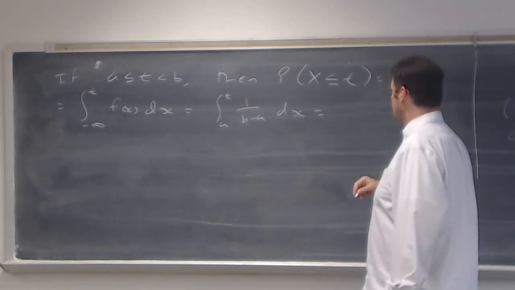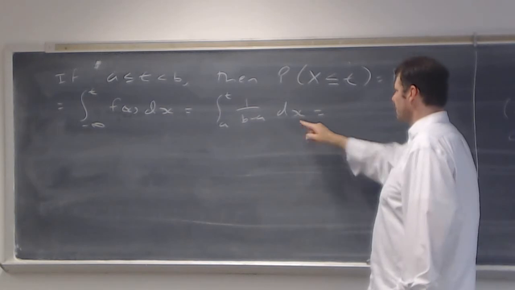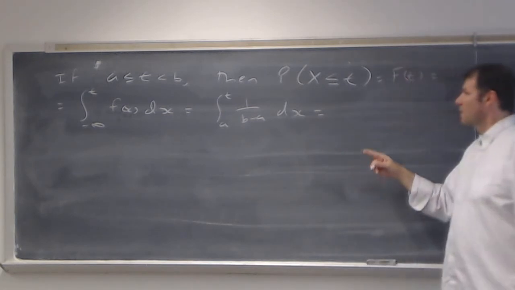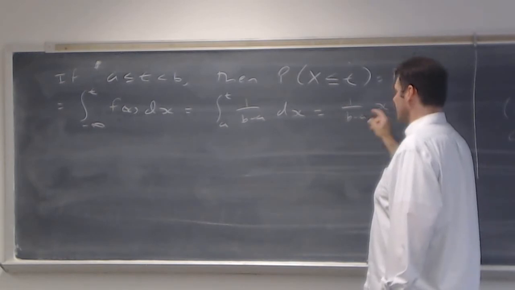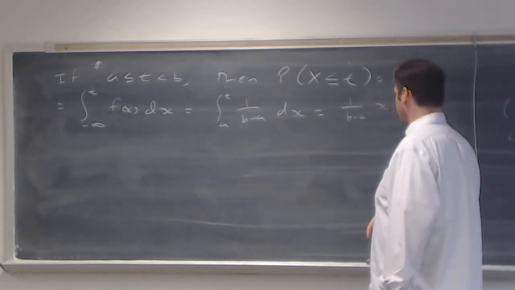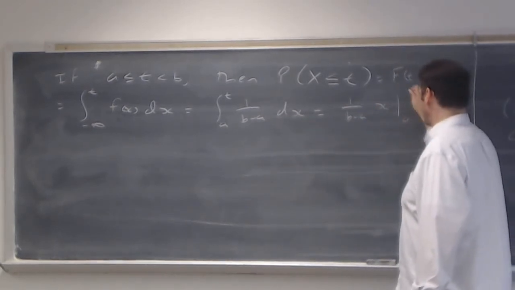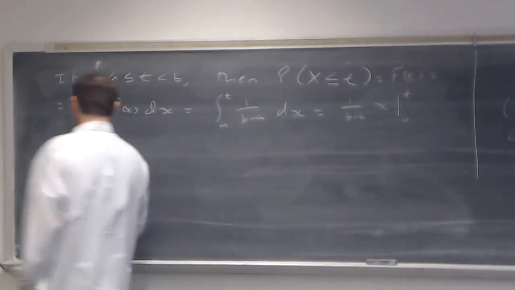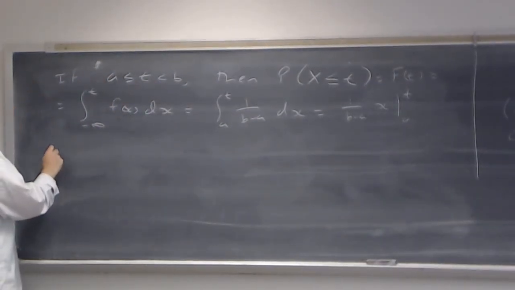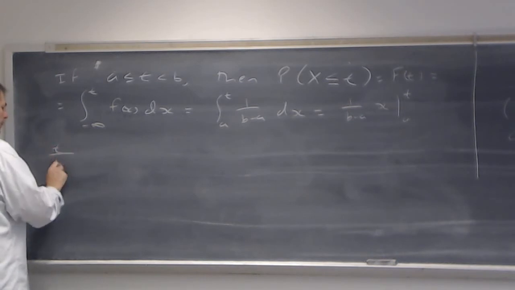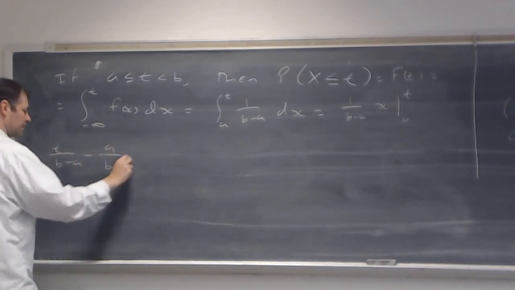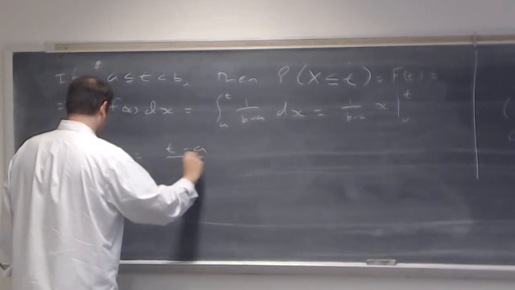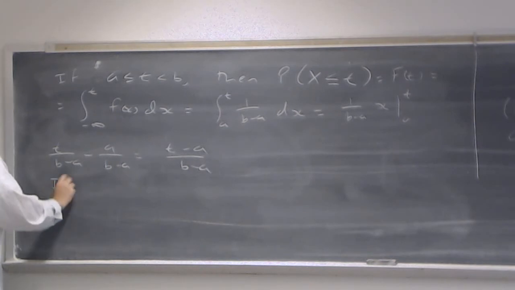So this integral is 1 over b minus a, the antiderivative, would be 1 over b minus a times x. We evaluate from a to t. And when I do that, we get t over b minus a minus a over b minus a, using the fundamental theorem of calculus. So that's t minus a over b minus a.